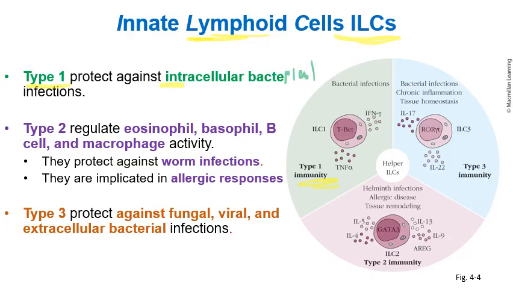An important characteristic of this cell is production of interferons. Interferons in general are the first line of defense against viruses, and of course viruses are intracellular pathogens. So intracellular bacterial infections, and also some viral infection.